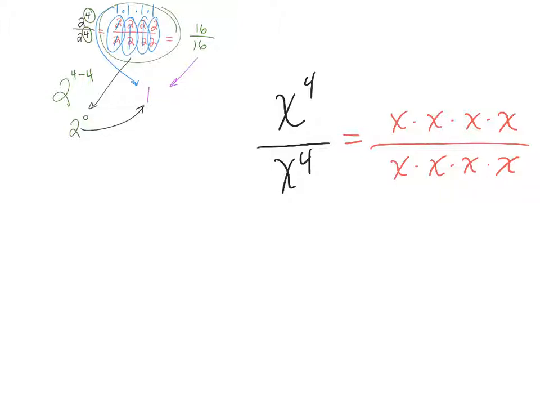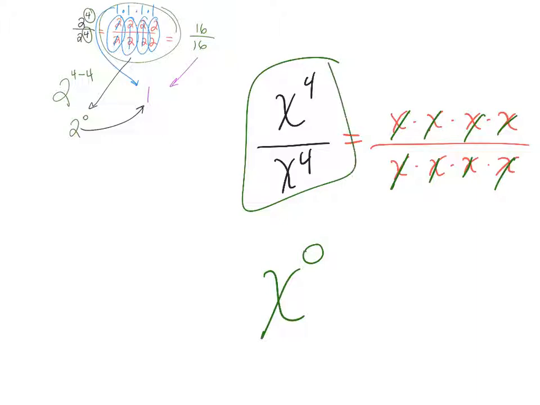Correct? Now, if I divide away my x's, this x is gone. This x is gone, this x is gone, and this x is gone. I have no more x's because they all divided into themselves. So how many x's do I have? I have 0 x's. But what is that value?